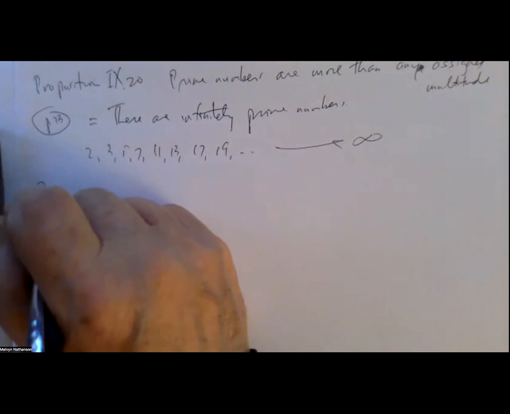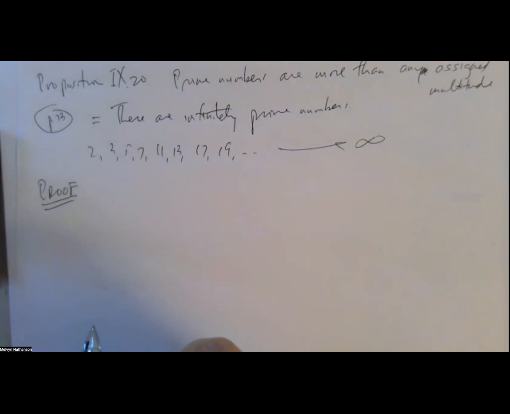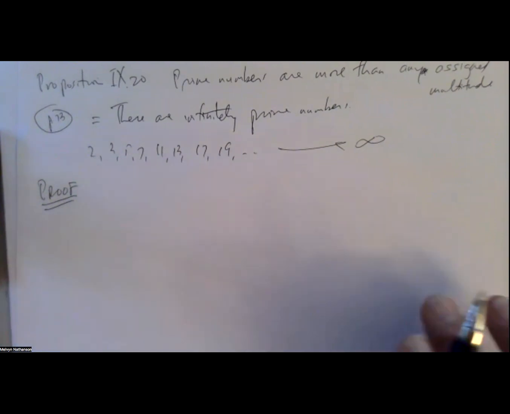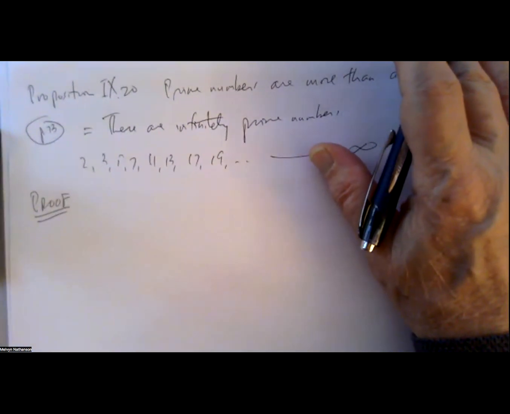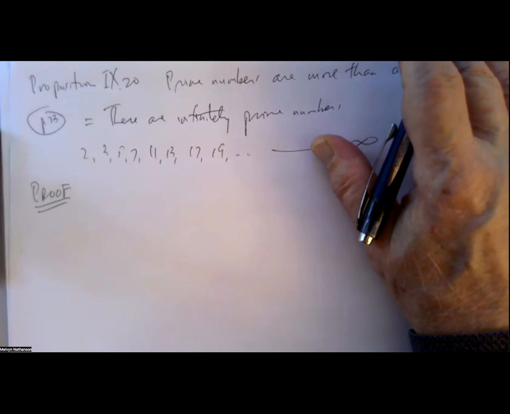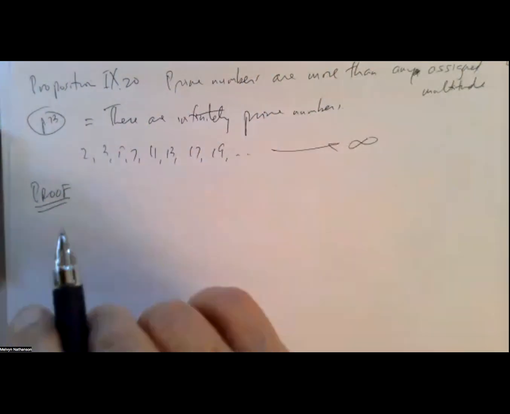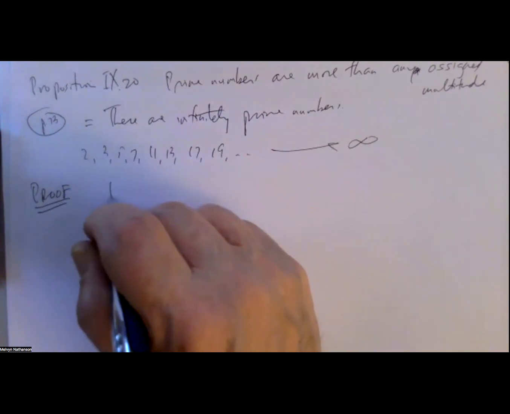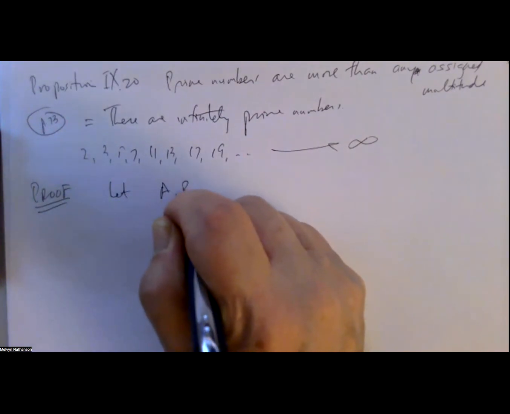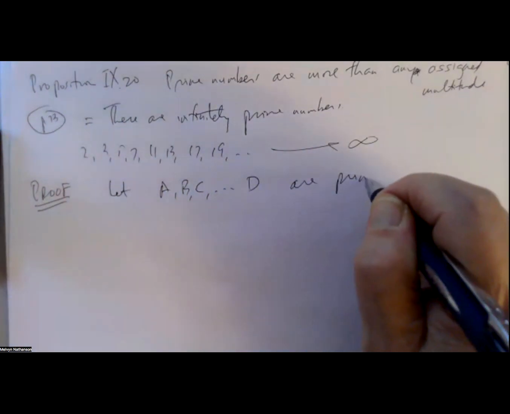And Euclid's proof, which is really one of the great proofs in mathematics, and you could teach this to fairly small children even, is a proof by contradiction. So I'll use the notation that's used in the text. Suppose A, B, C, and so forth up to D are prime numbers.